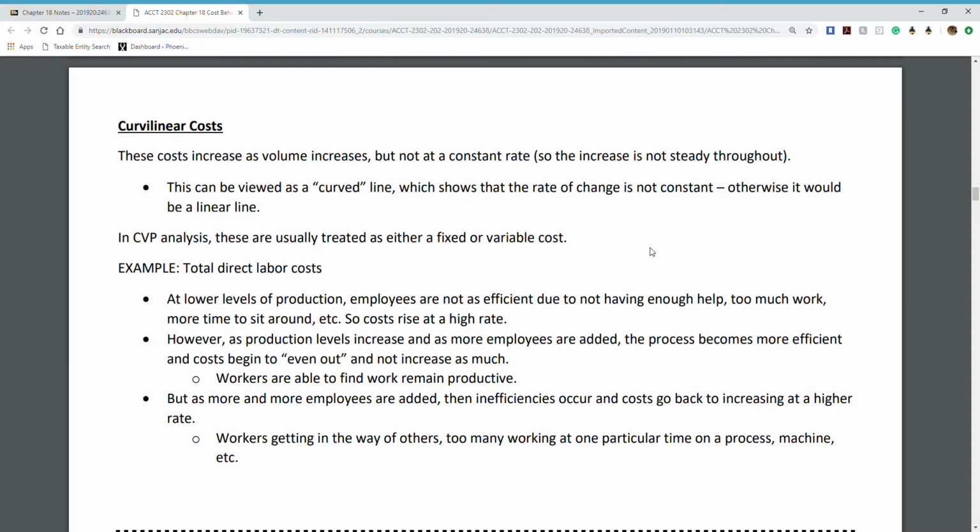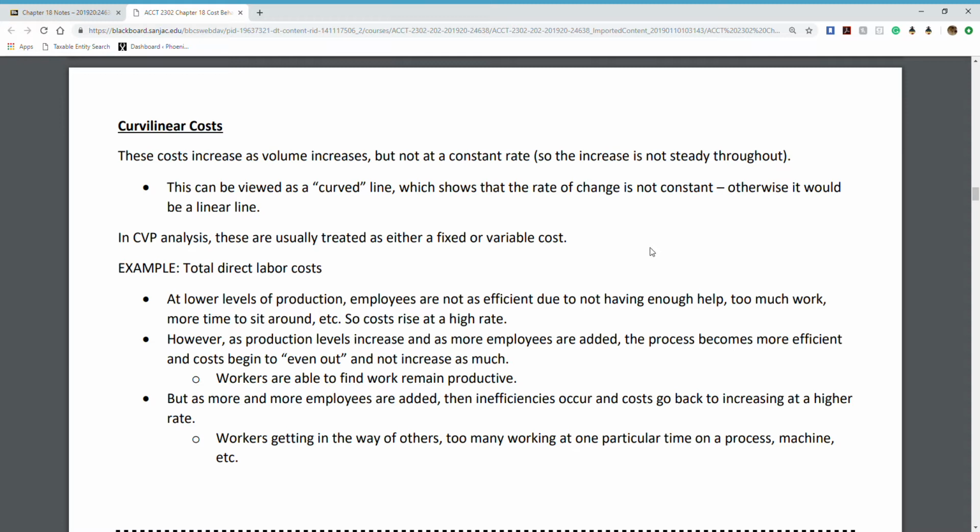At low level production, employees are not effectively used, due to not having enough help, too much work, and so forth. But as production levels increase, things start to even out, we start getting more help, everything's adding up, and workers are able to find more work to be productive.